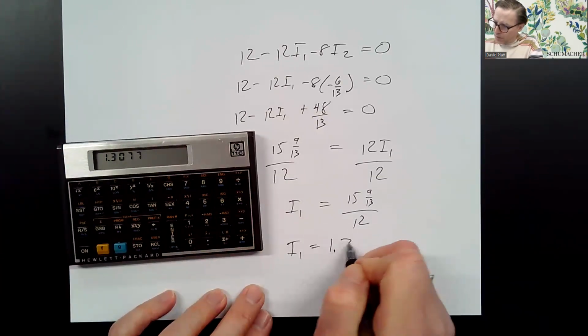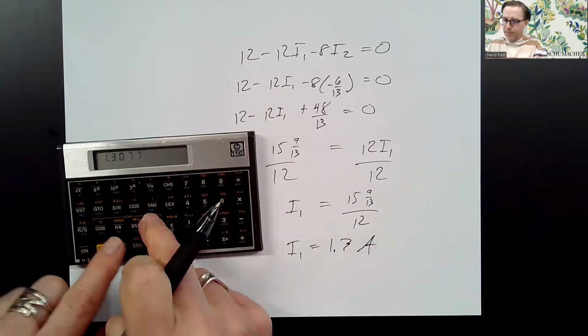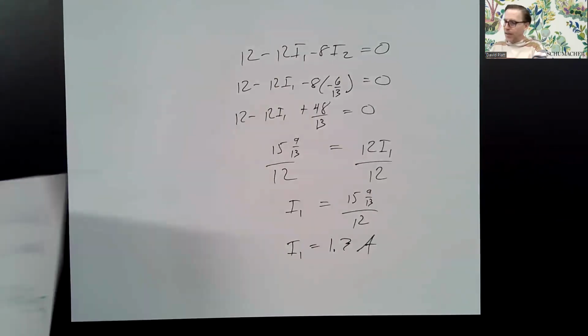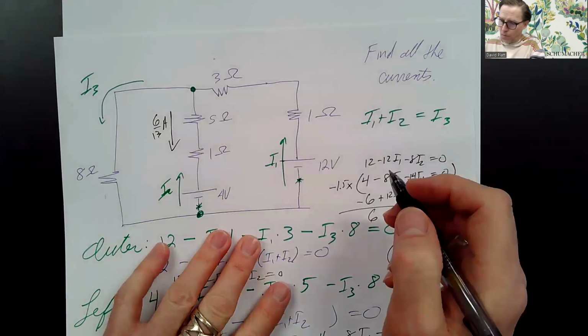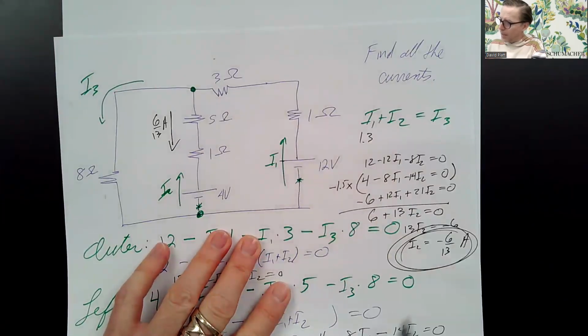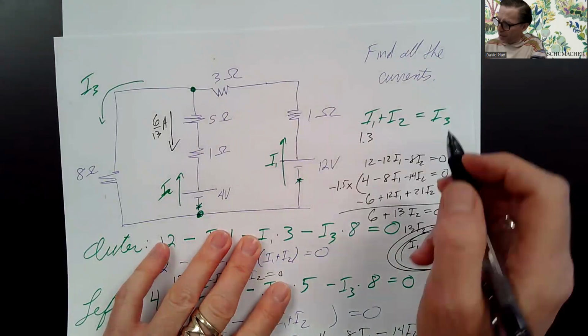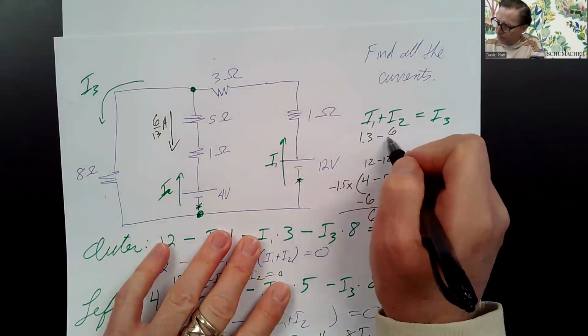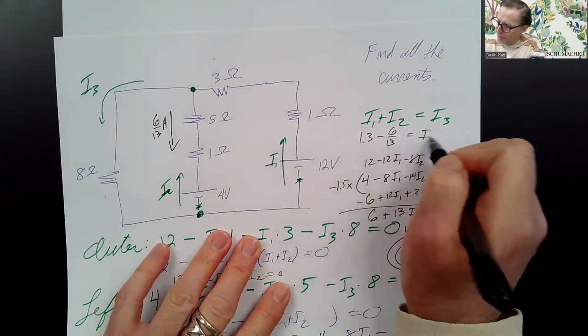I1 equals 1.3 amps. I2 is negative 6/13. And that'll give me I3.